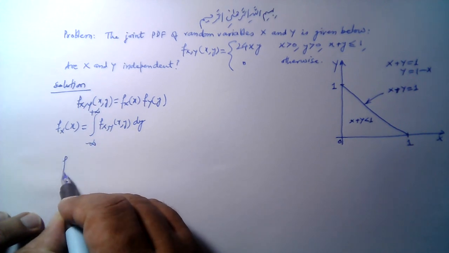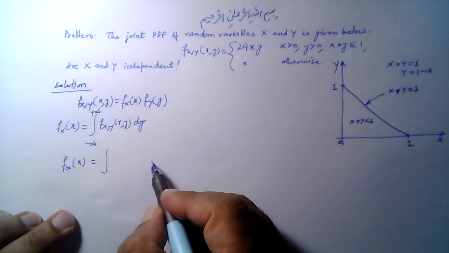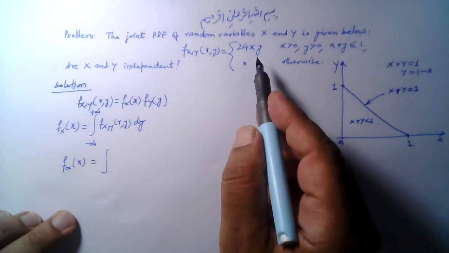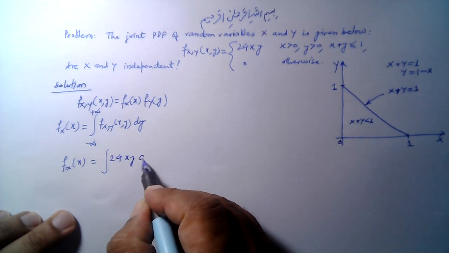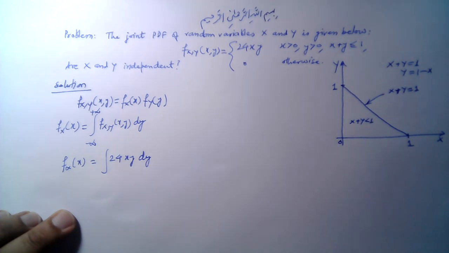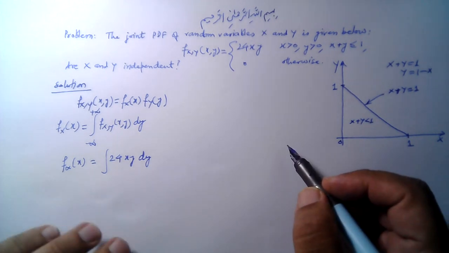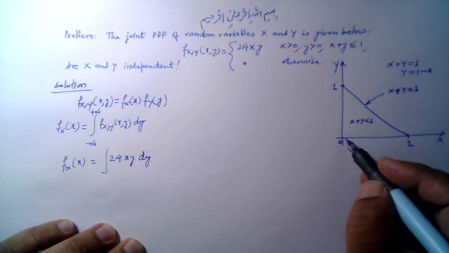So let's begin. f_x(x) is given by the value of the PDF, 24xy, and we are to integrate with respect to y over the entire range of y.